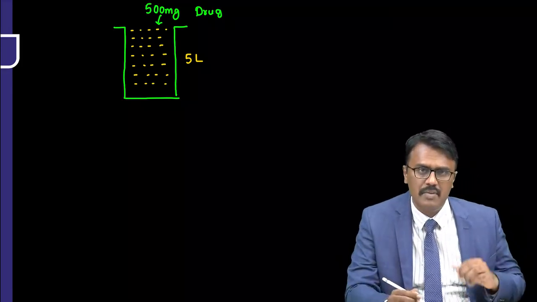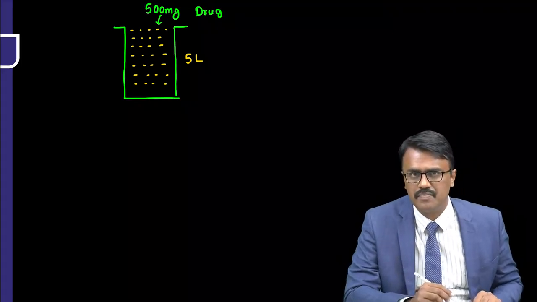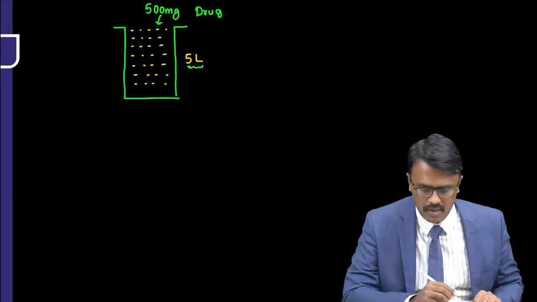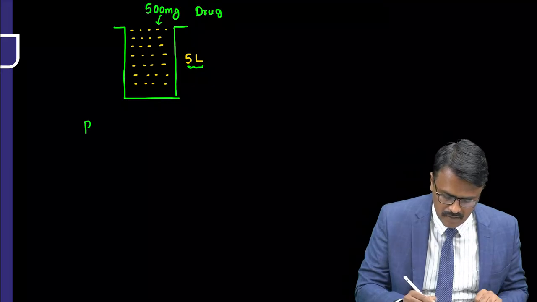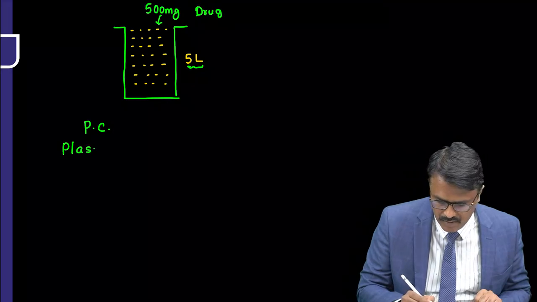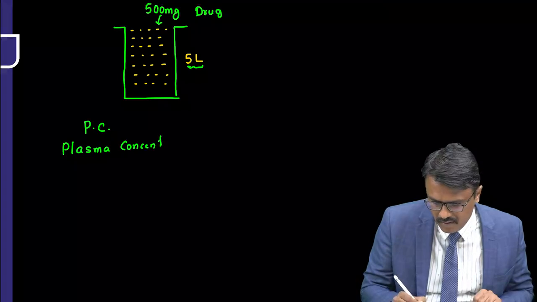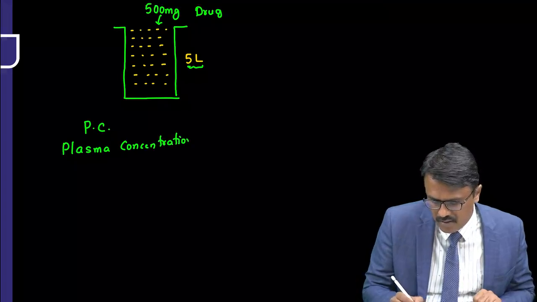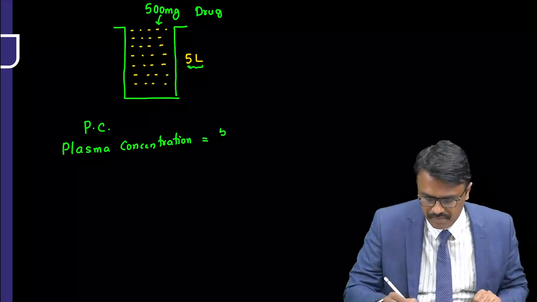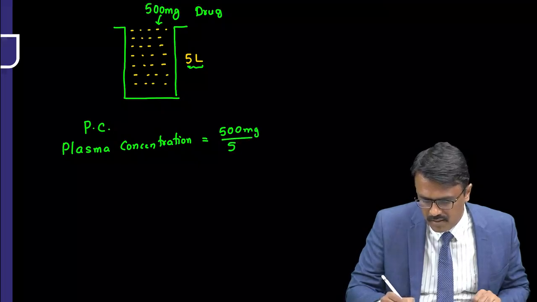Now take the same example. This jar is the blood vessel, so these 5 liters are the plasma. If I want to calculate the plasma concentration, PC stands for plasma concentration. How do we calculate it? We gave 500 milligrams of drug and the plasma present is 5 liters.